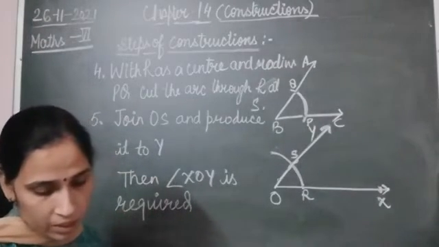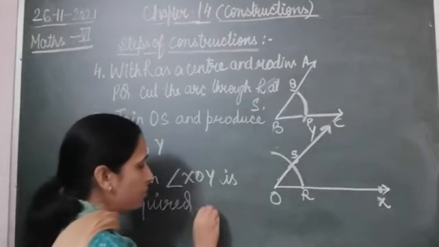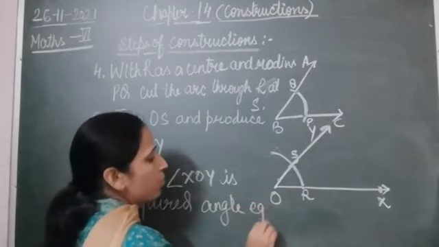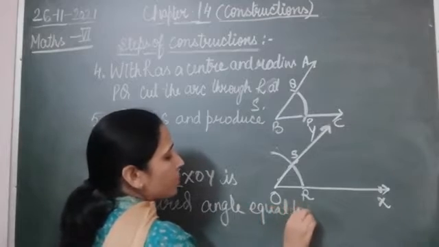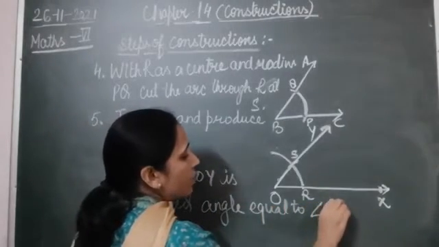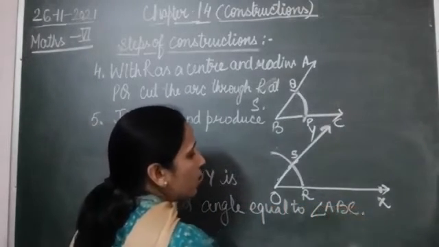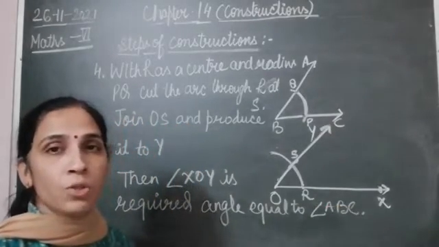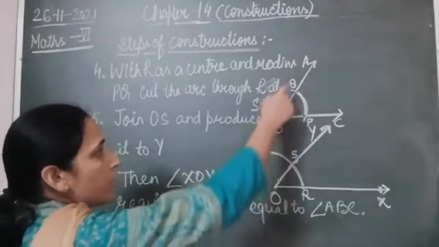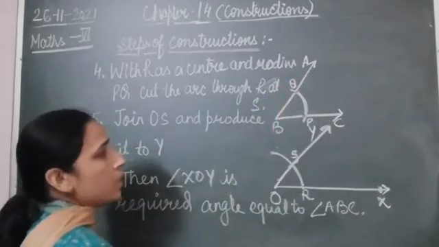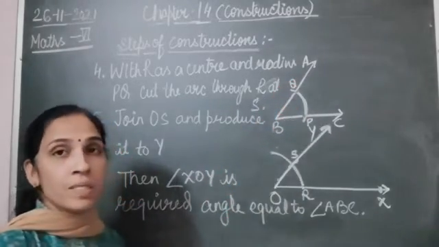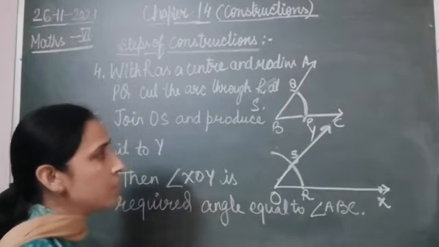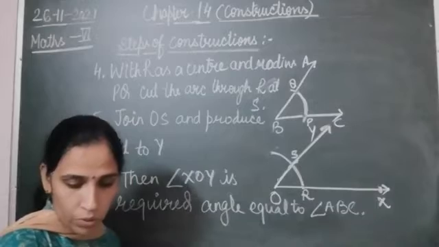Required angle means that it is equal to angle ABC. So what we understood here: you have been given an angle ABC and you have to draw a similar angle to this given angle ABC.